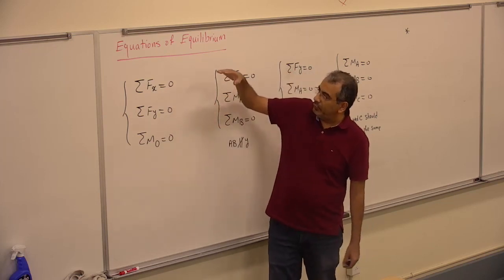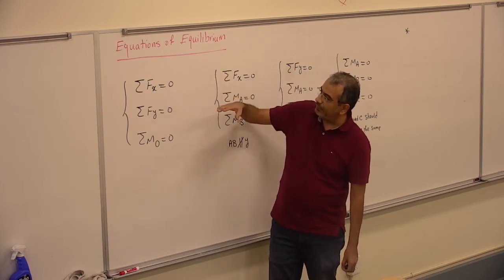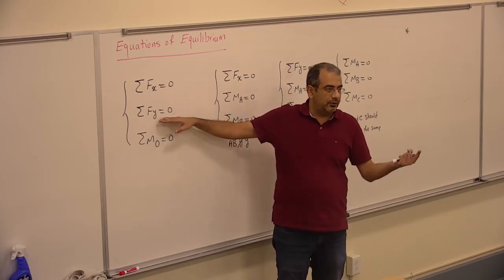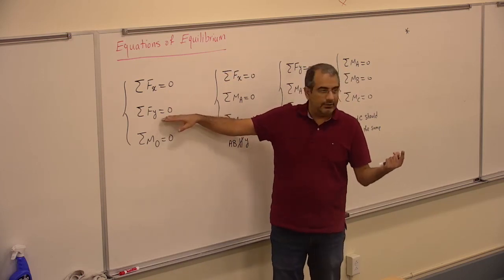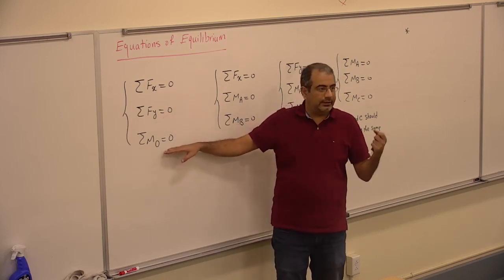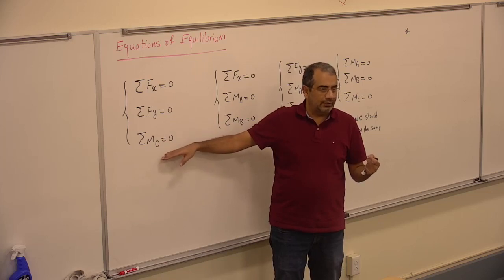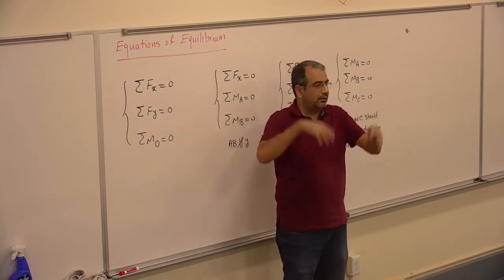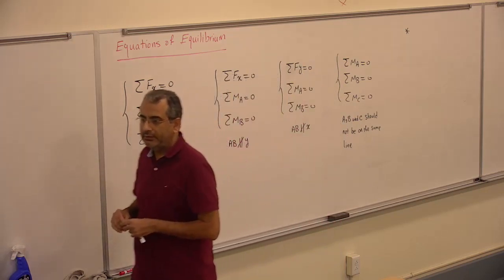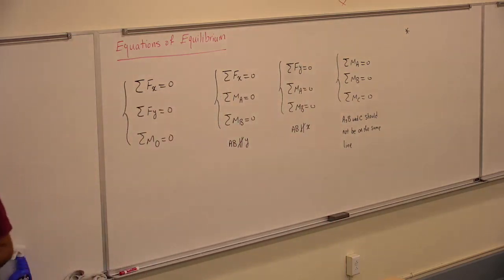So you don't need to write it exactly in order. You may find that if I write sigma Fy first, there's only one unknown there. So I write it and find that unknown. Then if I write this one, again this one has one unknown. Then you do that and then you do that. So you can use them in any order that you want.